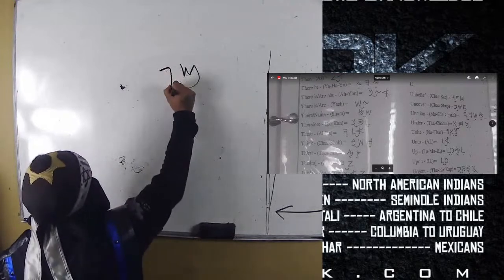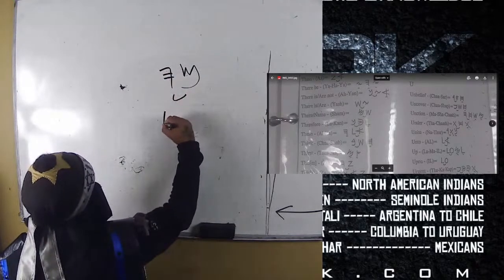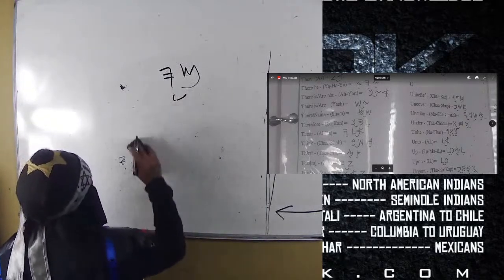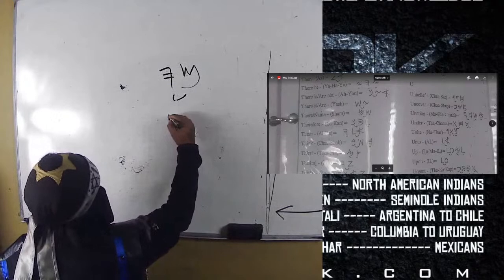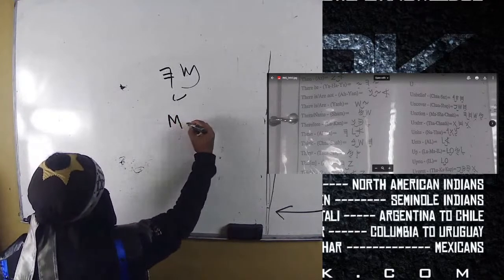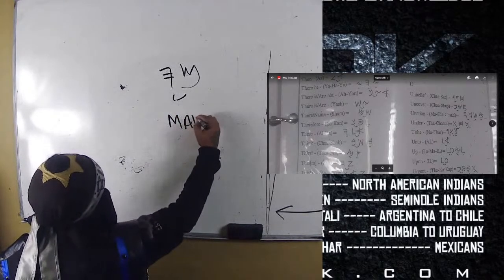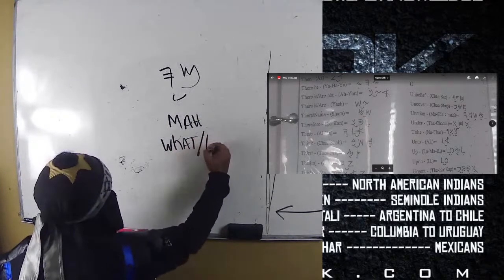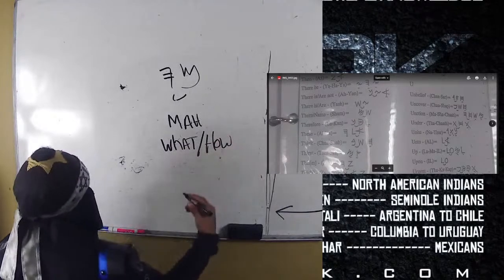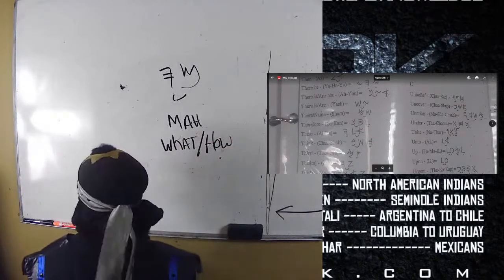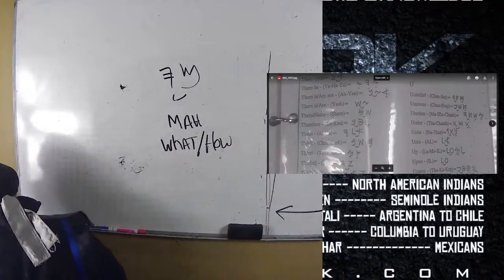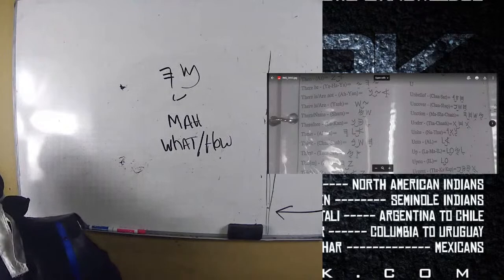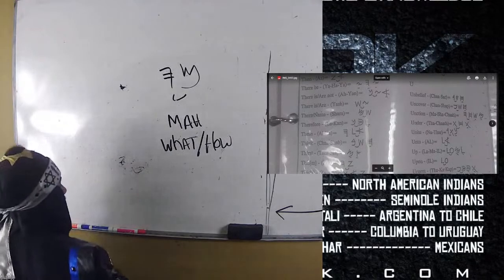And that's the word ma. All right. Forgive me for certain stuff I've been marking up here, all crazy. I was about to do it again. Ma is what, and it also means how, because they're the same thing. What happened? How did this happen? All right. So that's ma. Who, what, when.